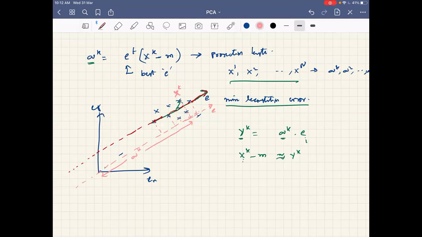I'm introducing notation now, so please ask if you have any questions. This projection length is calculated from the origin, and the direction of projection I have retained as E, some direction E.